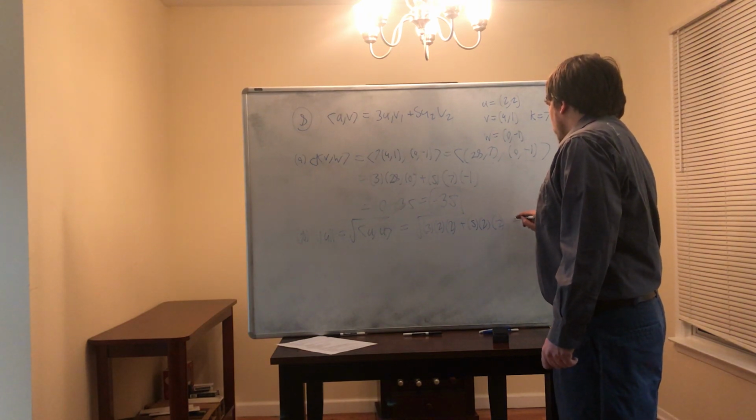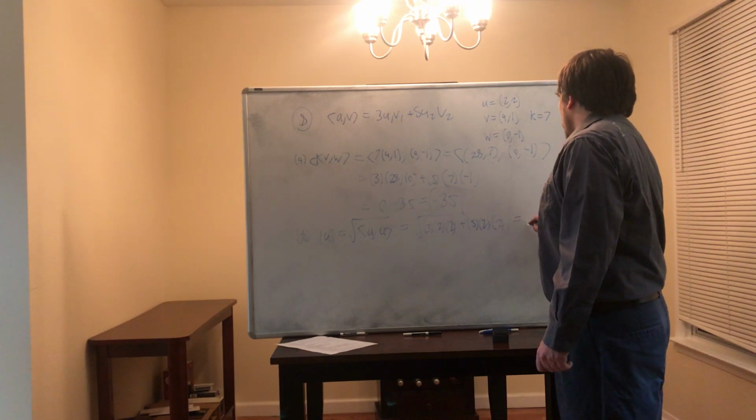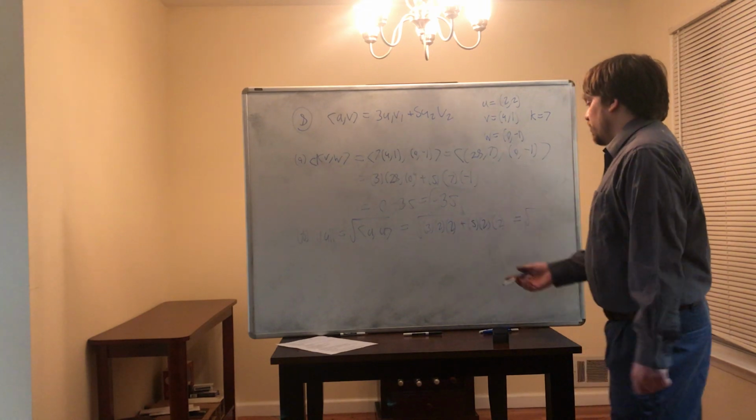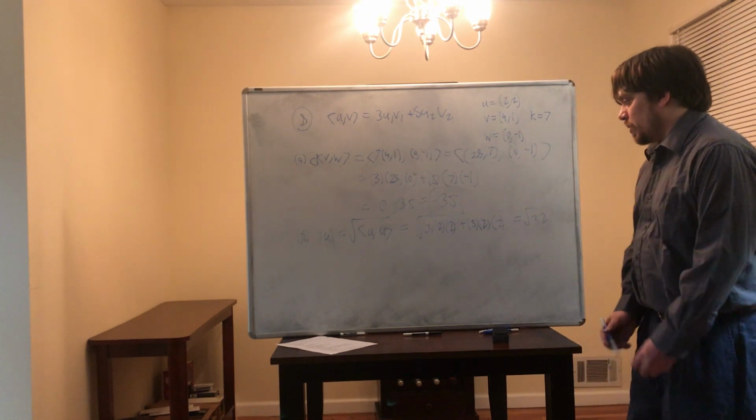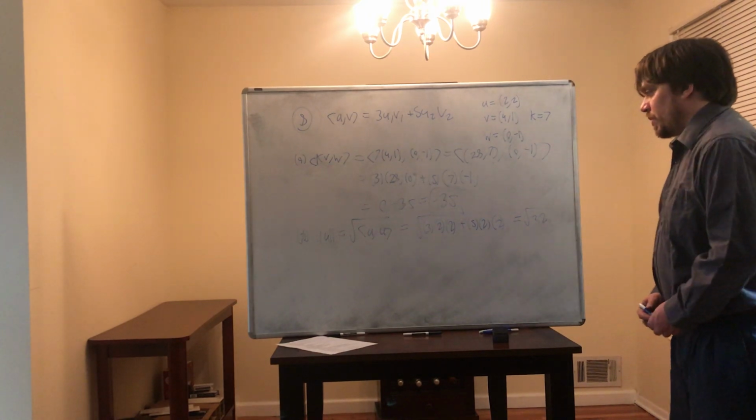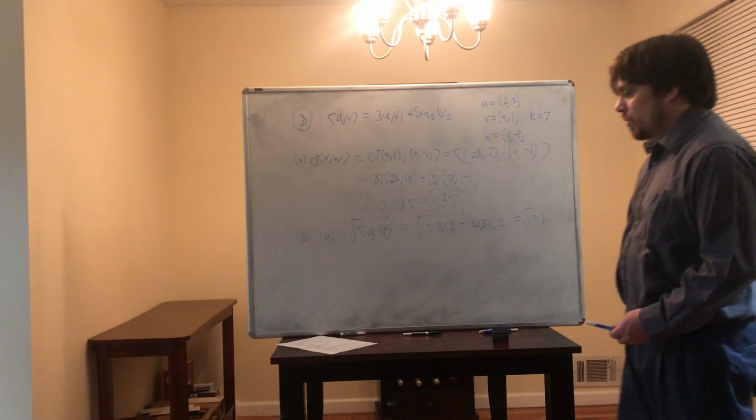And so then that's equal to the square root of the sum of those products. That's 12 plus 20, that's 32, so this is the square root of 32. Okay, so the norm of u is the square root of 32.